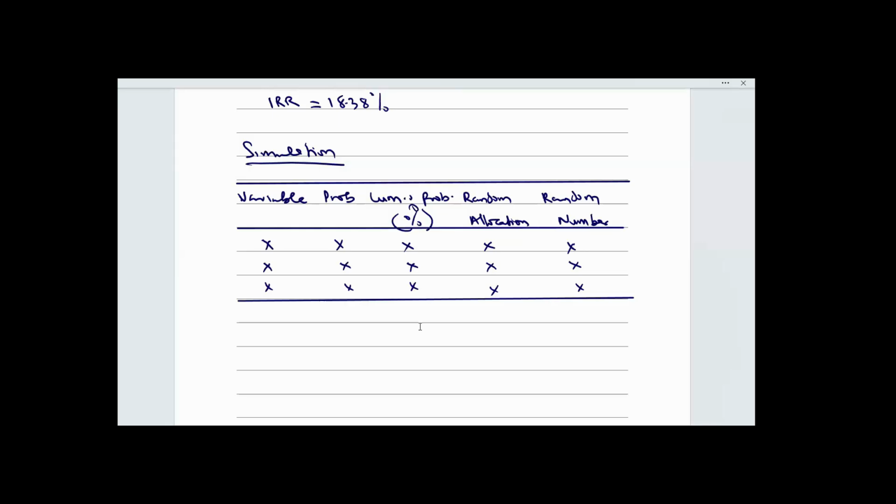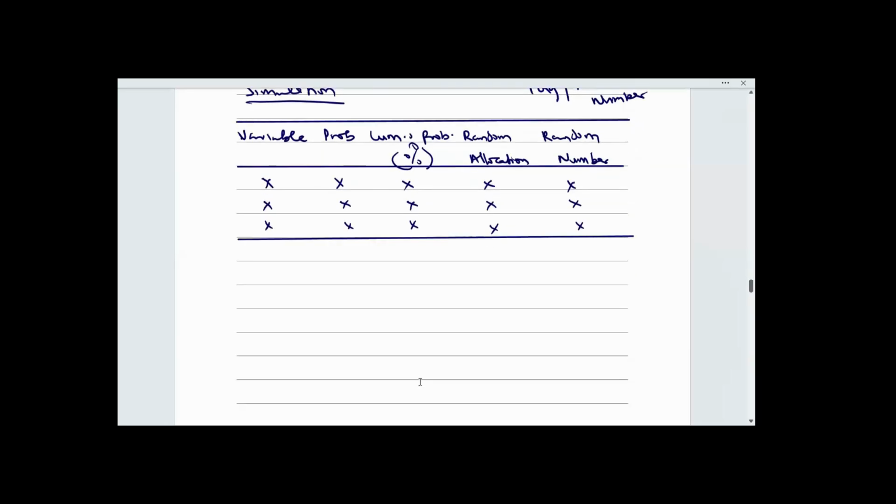So for simulation also, once you see random numbers, it means you need to evaluate using simulation. The examiner can also call it tag number or random number. It's the same thing. So once you see this in a question, you are supposed to simulate, and I've shown you how to simulate.